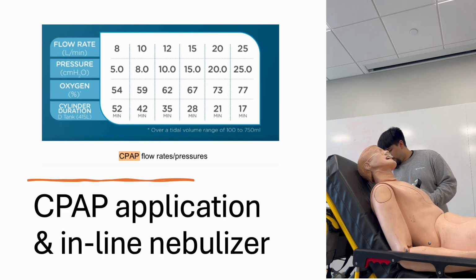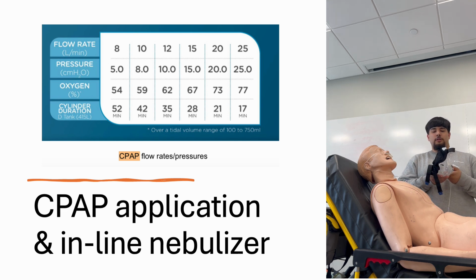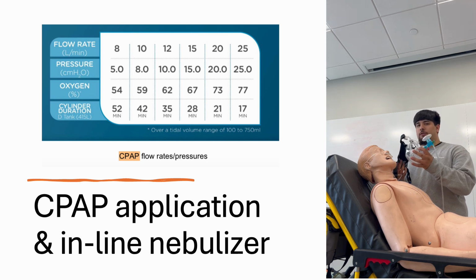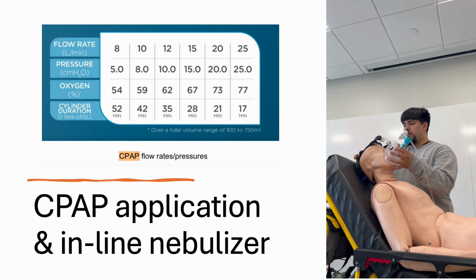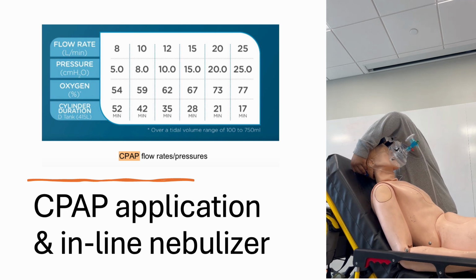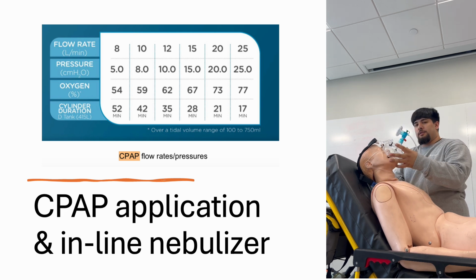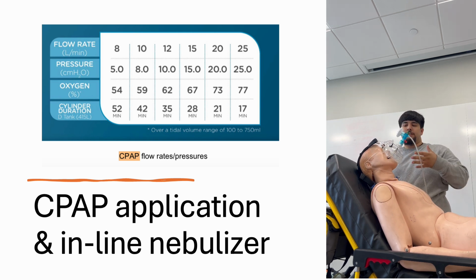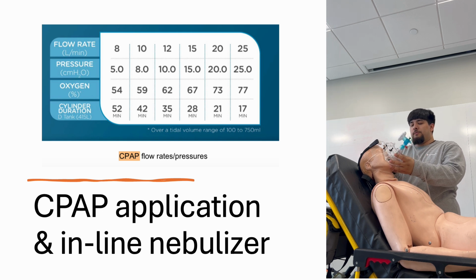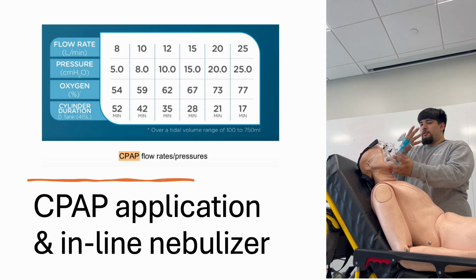We'll make sure that we've got the air blowing correctly, and then we'll talk the patient through putting it on. You don't want to just shove it on them and scare them. So we'll put the mask on. You want to have a good seal. Some patients with larger faces or beards might make it hard to get a good seal, but you want to do your best to make sure all that air is being pushed into them, not outside the mask.